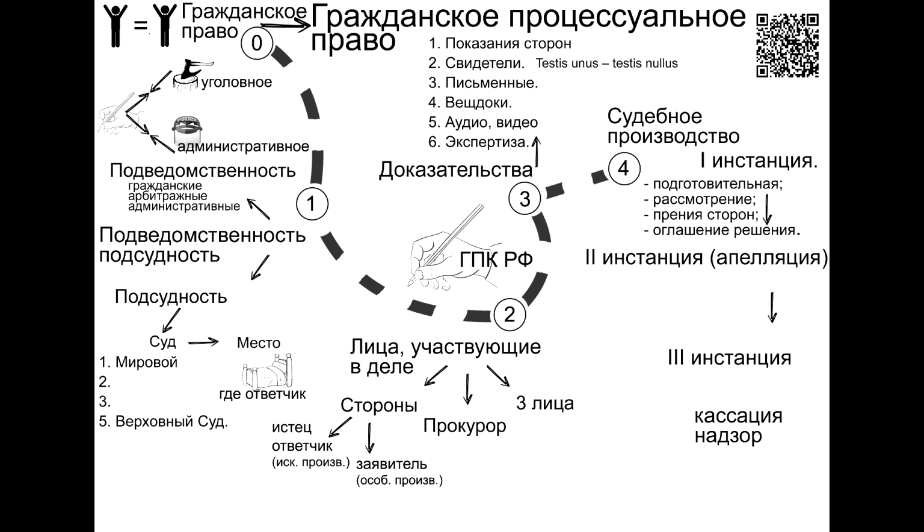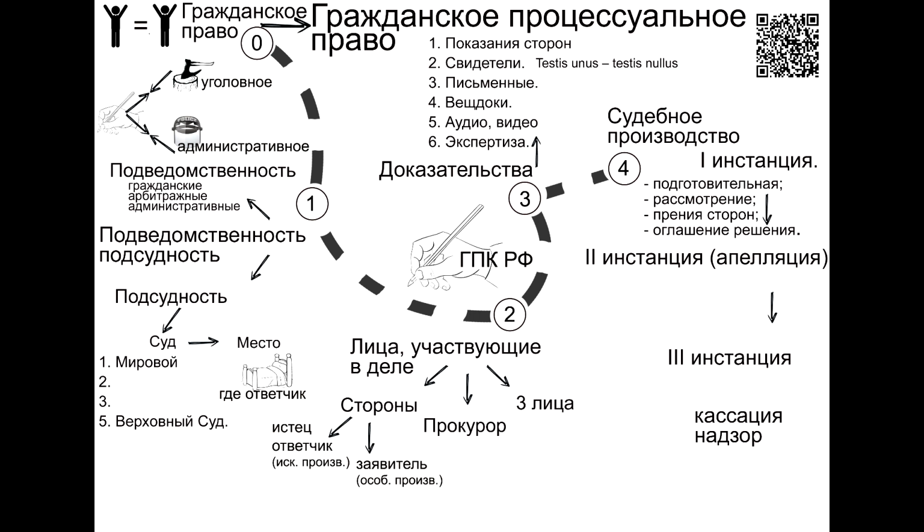Each person participating in the case must disclose the evidence that it refers to as the basis of its claims and objections to other persons participating in the case within the time limit set by the court. Otherwise, the relevant fact may be refuted. For example, when the party refused to submit the original document for examination.